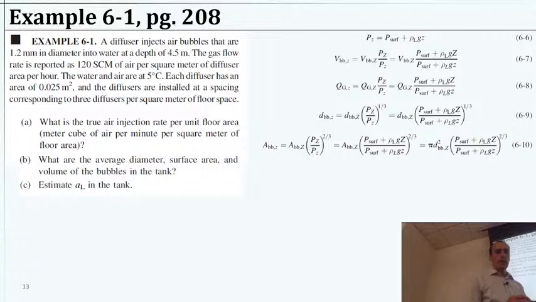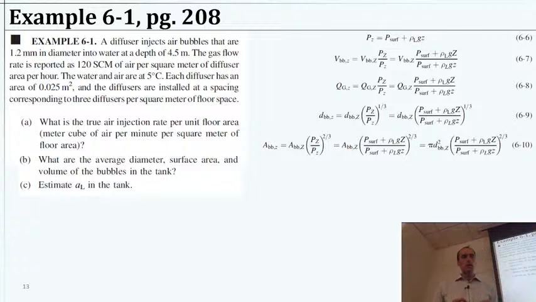The water and air are at 5 degrees Celsius. Each diffuser has an area of 0.025 square meters, and the diffusers are installed at a spacing corresponding to 3 diffusers per square meter of floor space.